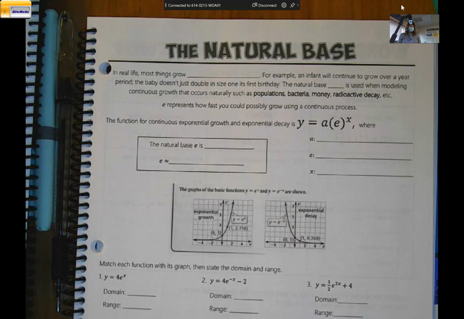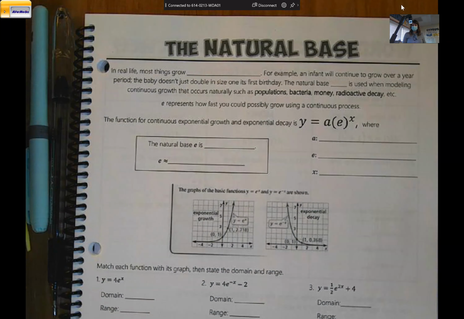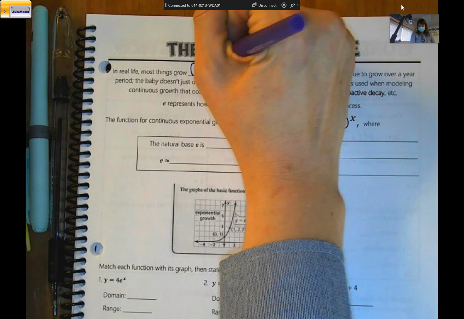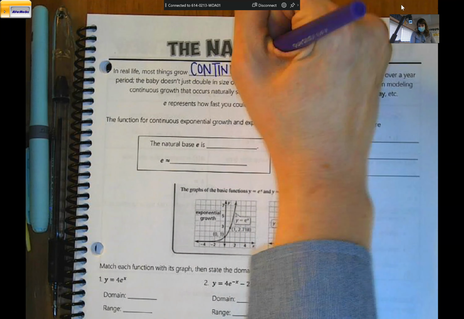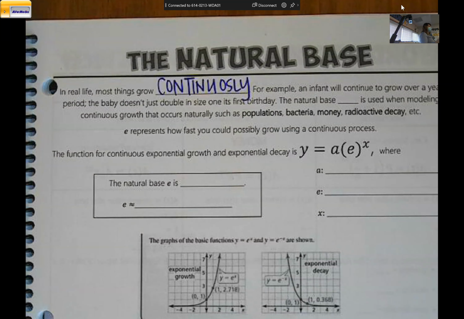So our blanks for this are, in real life, things grow continuously. Meaning that when you're a little kid, it's not like you wake up one day and you've grown a foot. You grow over time.